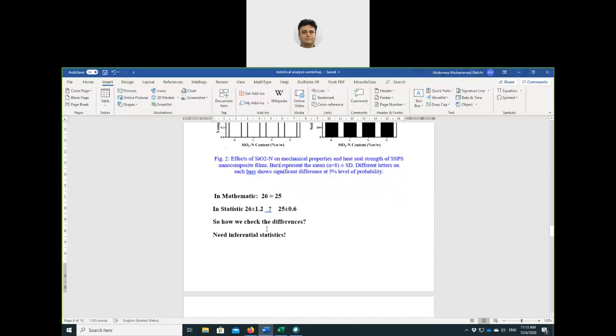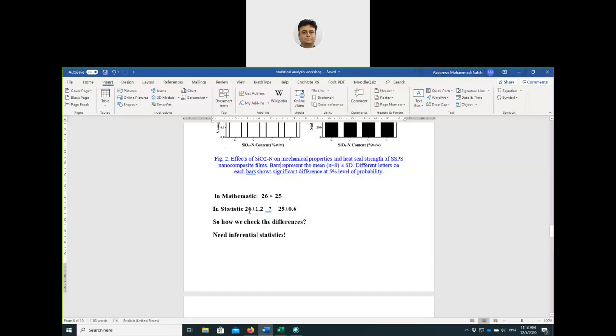So you understand that in statistics, because in practical data you do not have a fixed value, you have a range of values: 26 plus minus 1.2, here 25 plus minus 0.6. It's not a single point like in mathematics, where 26 is higher than 25.